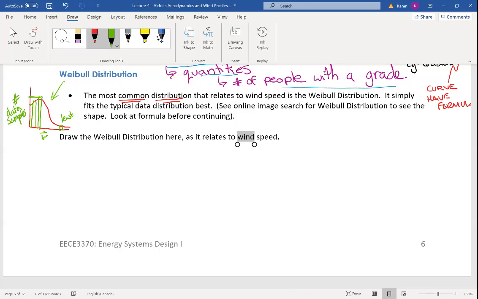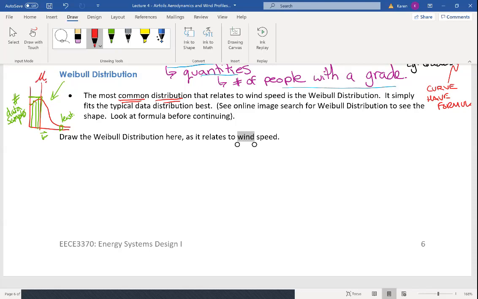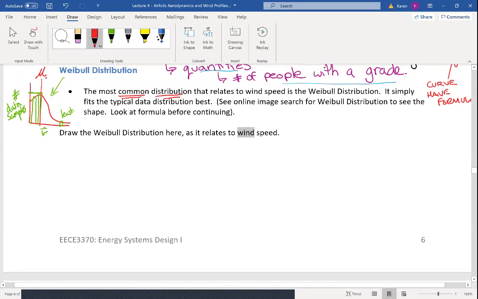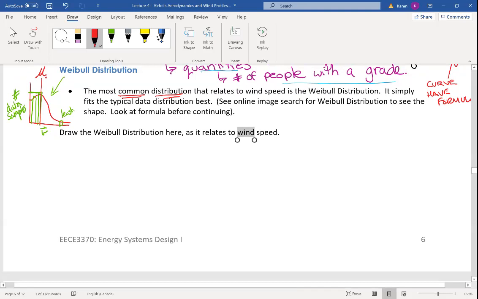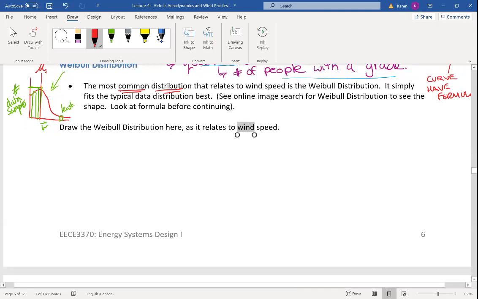So you get the most over here. Now the mean is going to sit around about here. And that mean is what we call average velocity. So let's take a look at a Weibull distribution from some actual data.